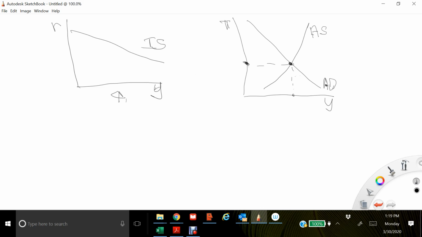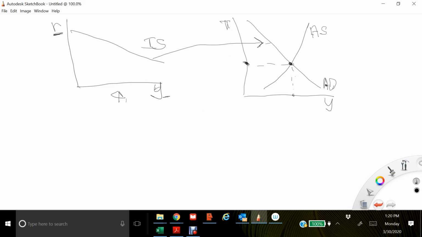And we're going to try and move from the IS curve to the aggregate demand curve, this one. As you see, the IS curve is a relationship between real interest rates, after taking out inflation, and output.